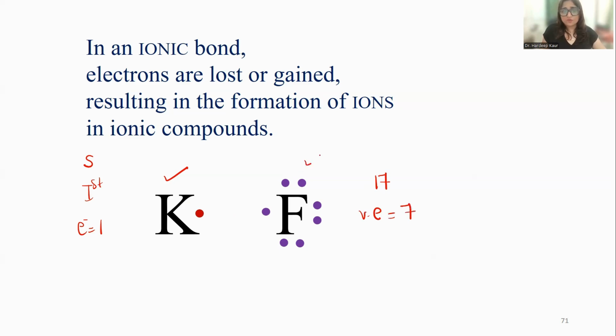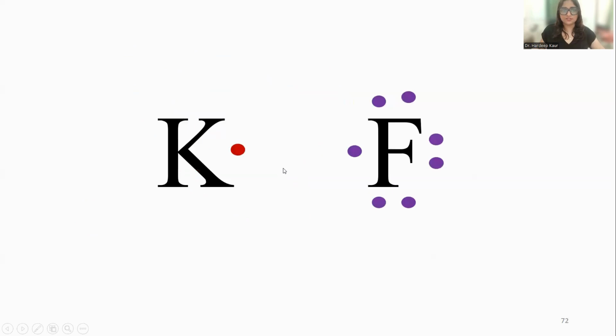So fluorine wants only one electron and potassium requires only one electron to complete its octet. If you see this, the electron is getting transferred. You can check here how electronegative fluorine is. That's why it's attracting the electron towards itself.